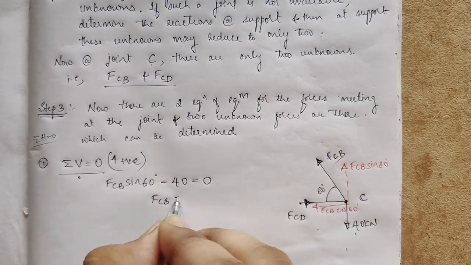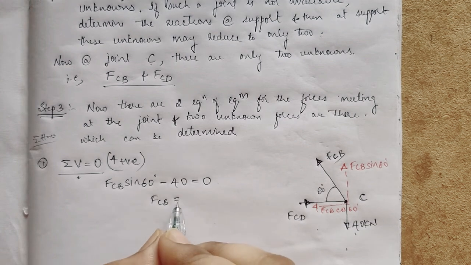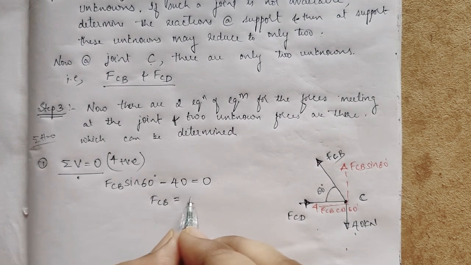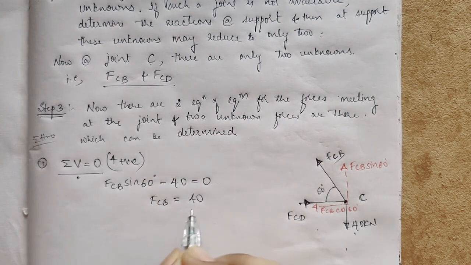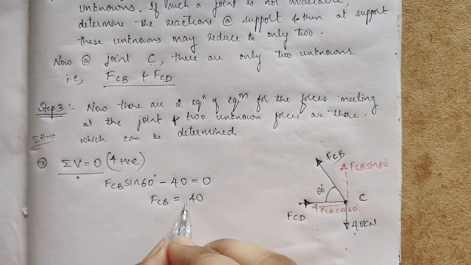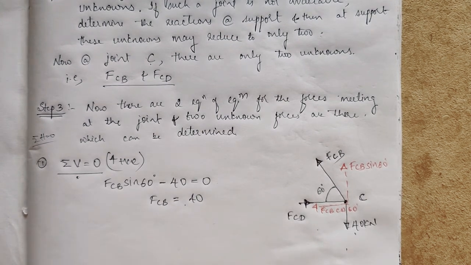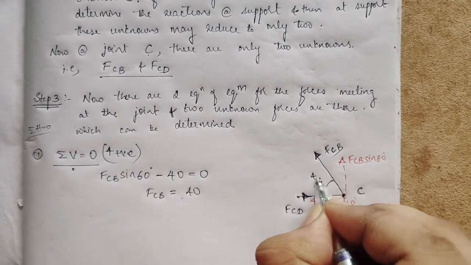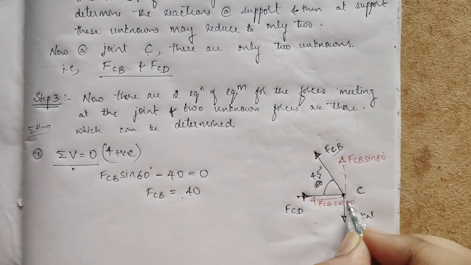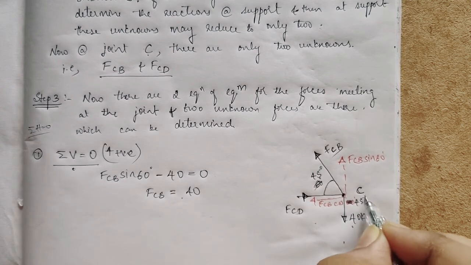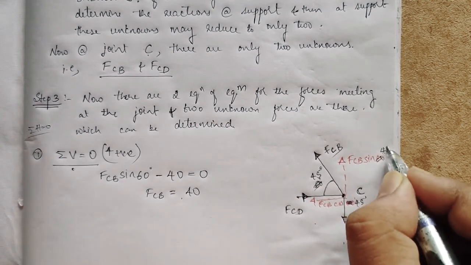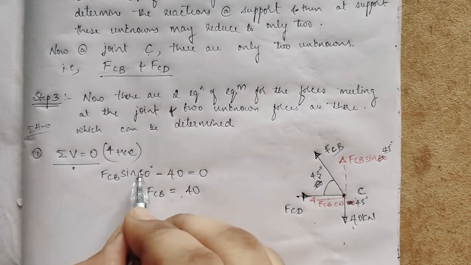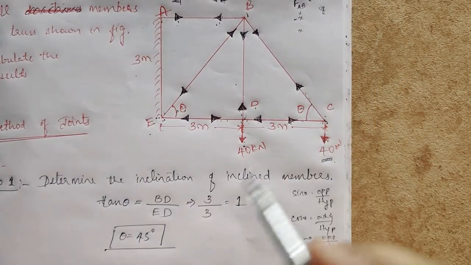So FCB is equal to, what happens, this 40 over sin 60, sorry, it is not 60, it is 45. Okay, so this is nothing but this angle only, theta.